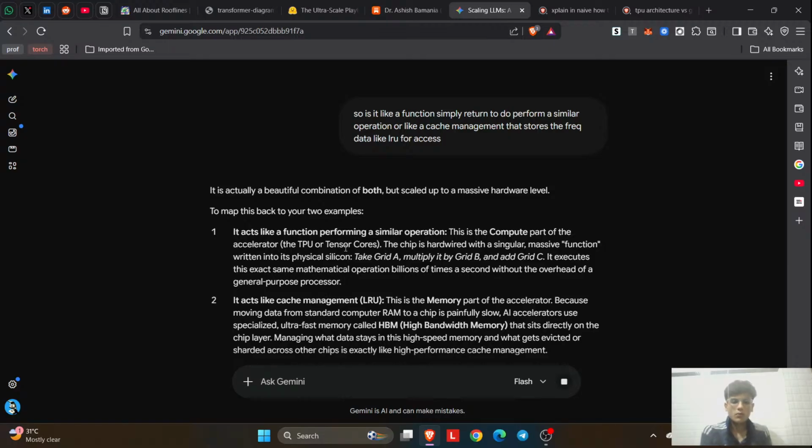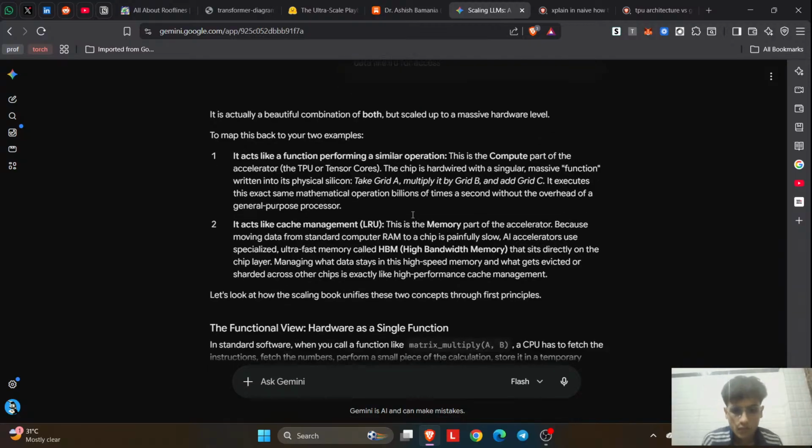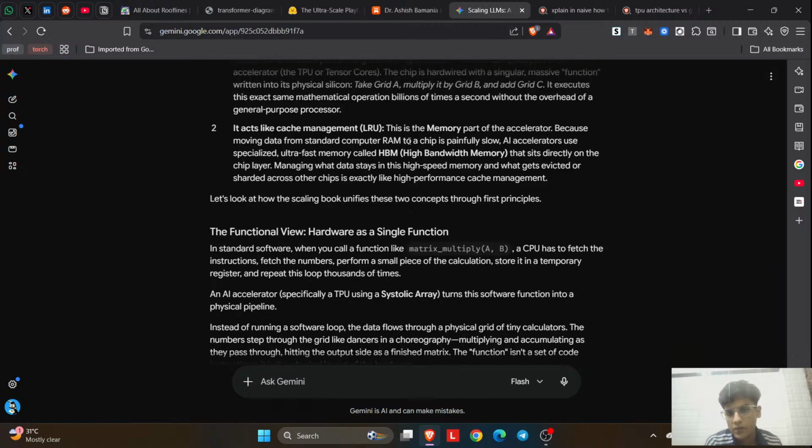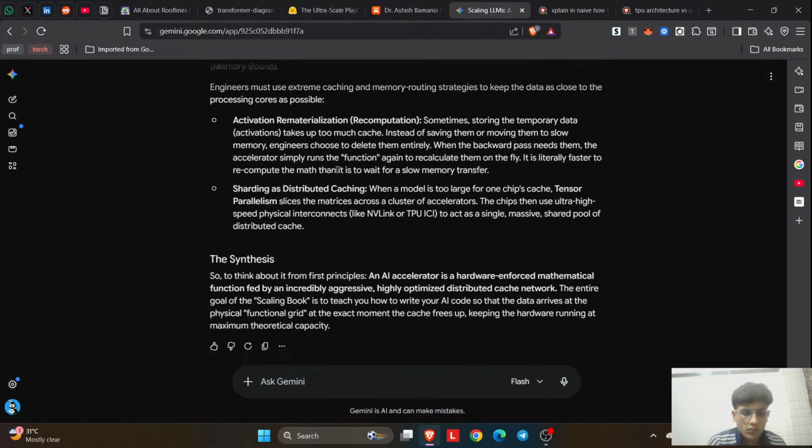It is actually a beautiful combination of both, but scaled up to a massive hardware level. It acts like a function performing an operation. This is a complete part of the accelerator. The chip is hardwired with a singular massive function in its physical silicon. The memory part of it. Hardware and performance.